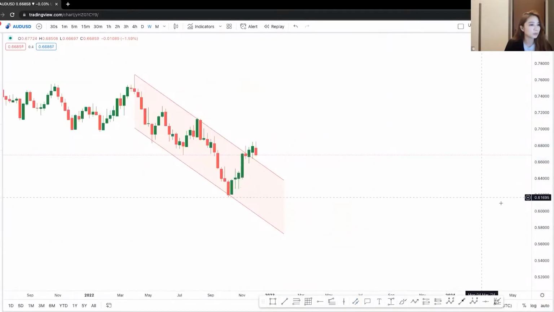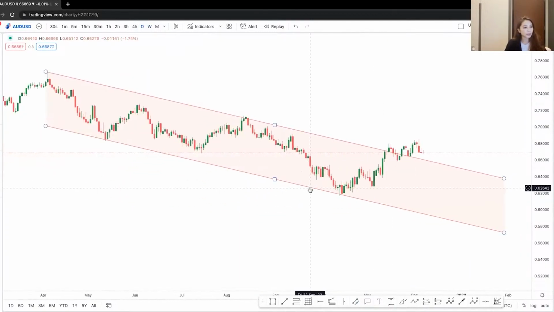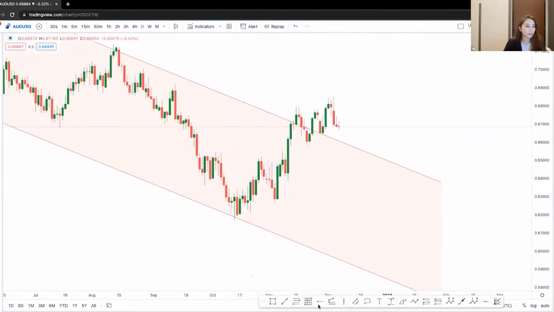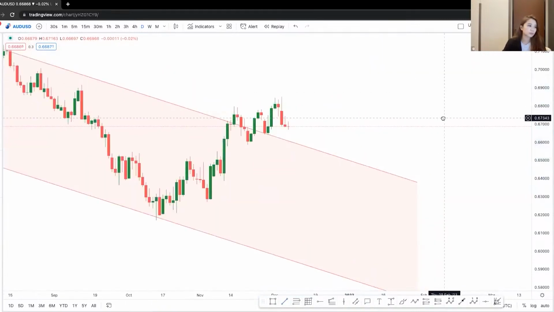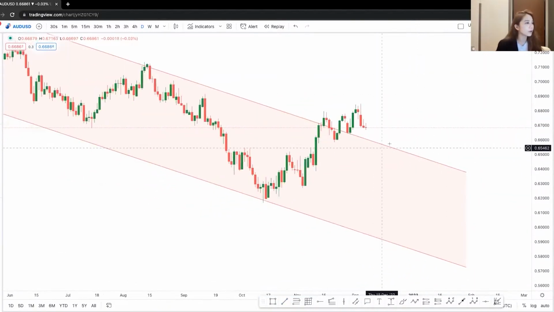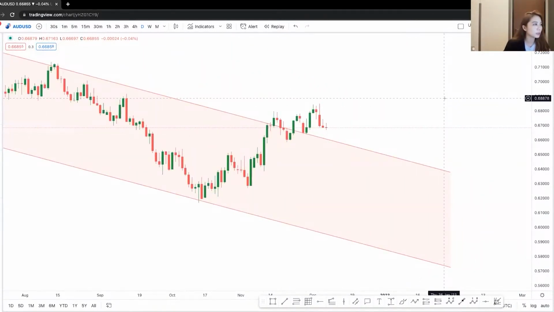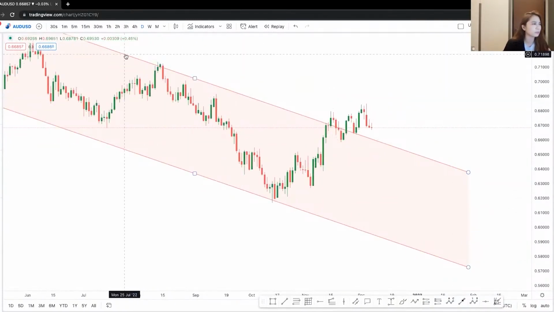Yeah, it was a downward moving channel, but you can see that price has broken out of the channel for Aussie dollar. Let's look at the 1-day chart. Very obvious, very nice channel. On the 1-day chart, you can see the very prominent upward rising trend. Not a very nice trend line, so we'll leave it. Try to see whether there are any highs or lows that we can take note of. As of now, not much.